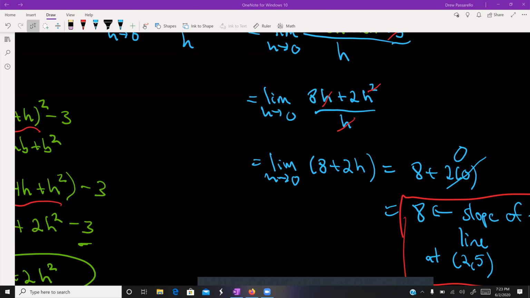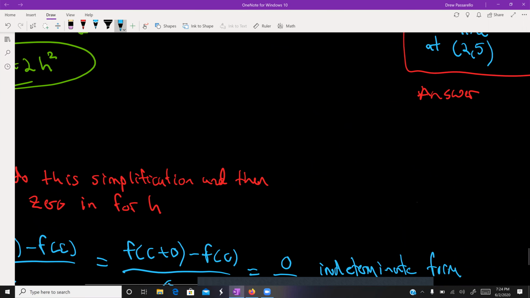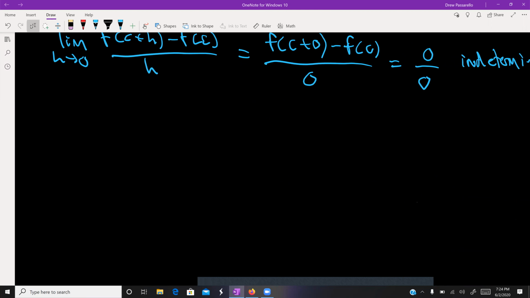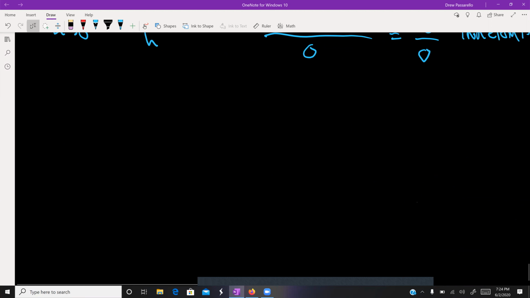So those two examples are finding the slope of the tangent line. These next couple examples are going to be finding the derivative. It's pretty similar, but the end result is going to be a function. So for the following, find the derivative.